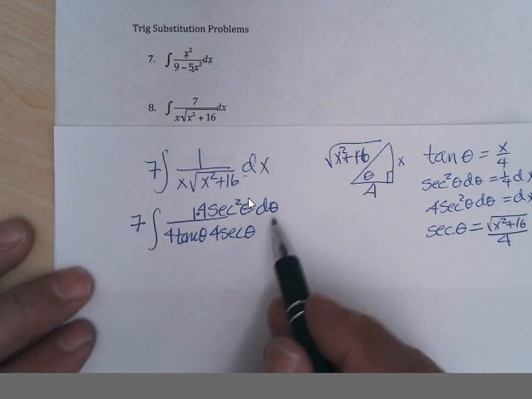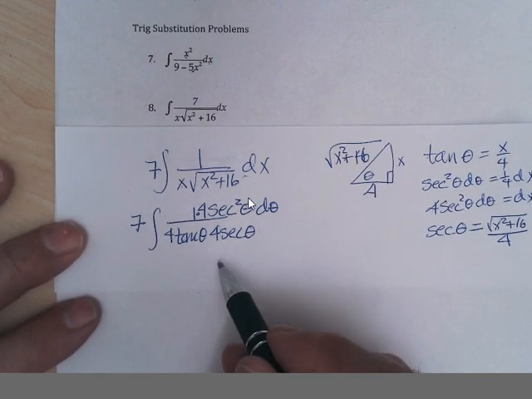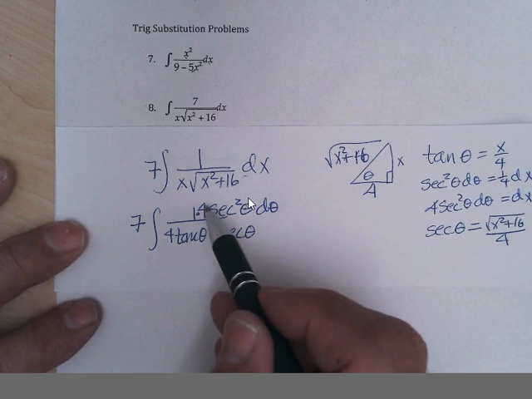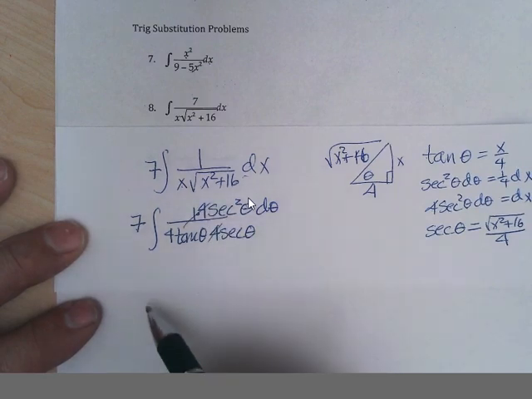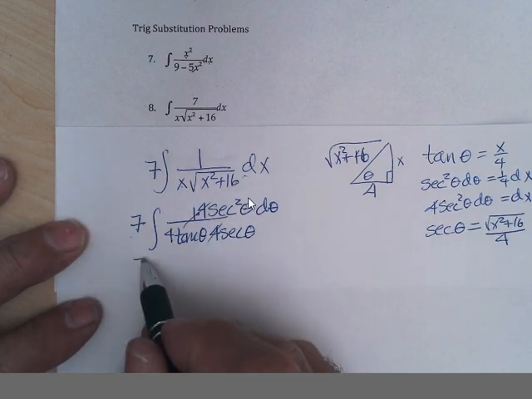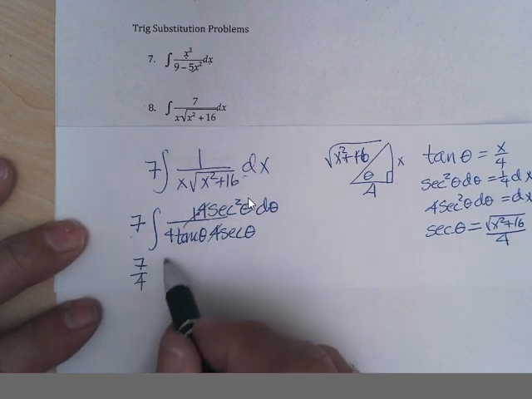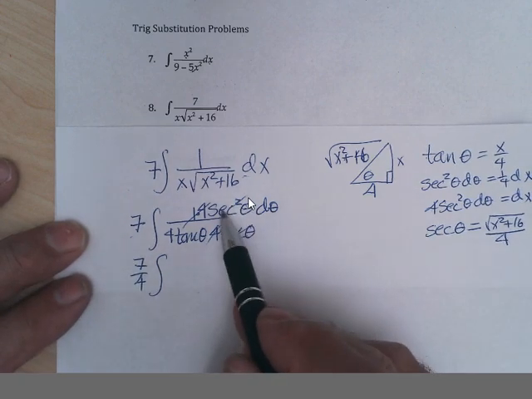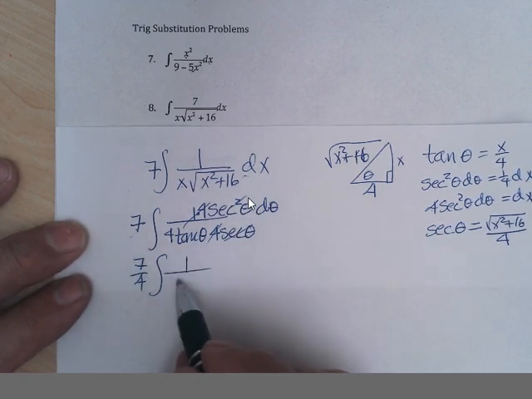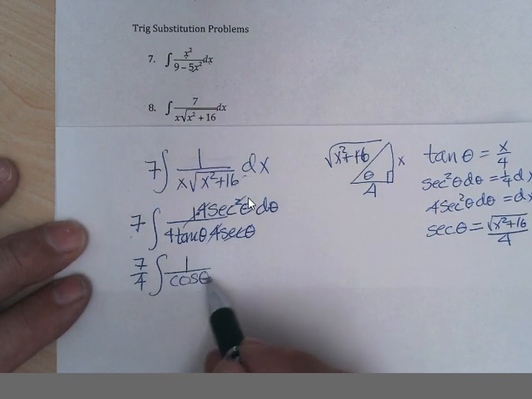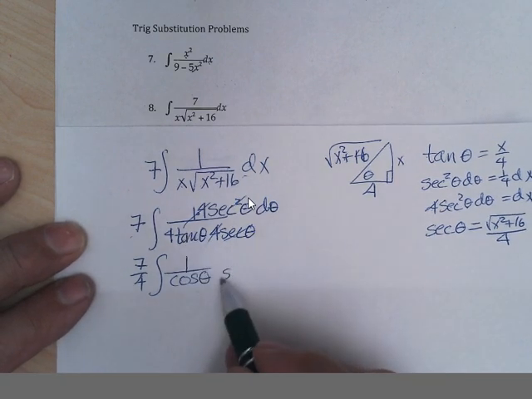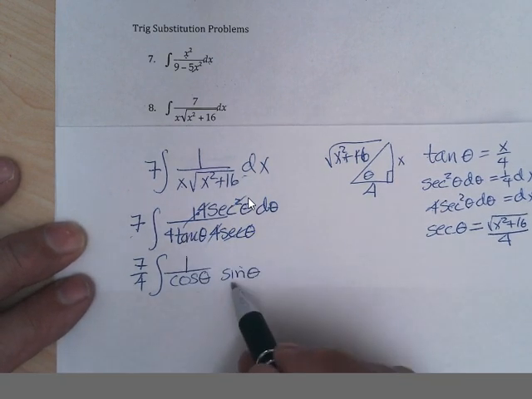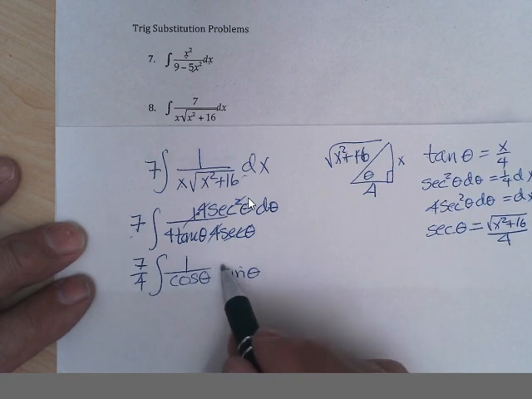All right, let's simplify using all our fun trig that we learned. 4s cancel, and a 4 would come out, so I'm going to get 7 over 4. One of the secants cancels, so I got secant, which is 1 over cosine theta, and tangent is sine theta over cosine, which would put the cosine up here.